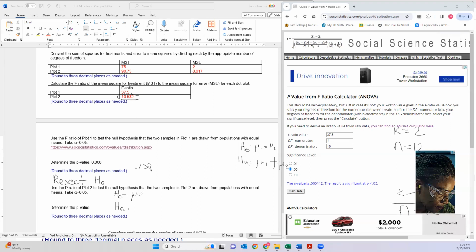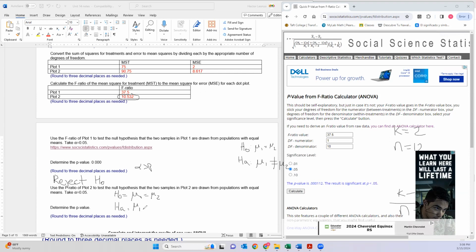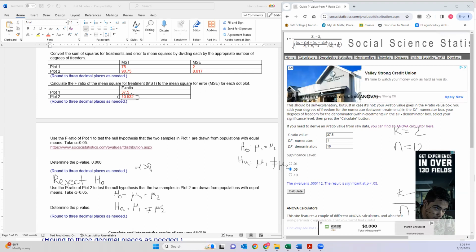So the mean of 1 is equal to the mean of 2. That's the null hypothesis. My alternate hypothesis is they are not equal. I can say this in symbols, or in words, that the two treatment means are different.